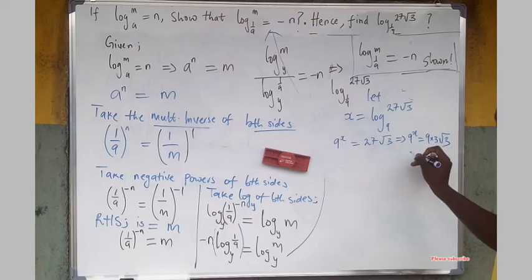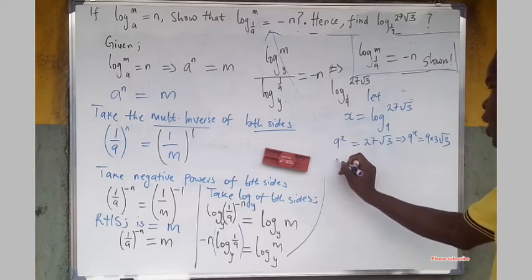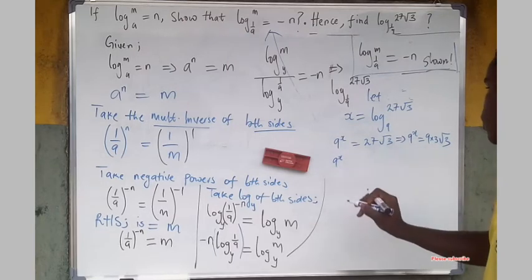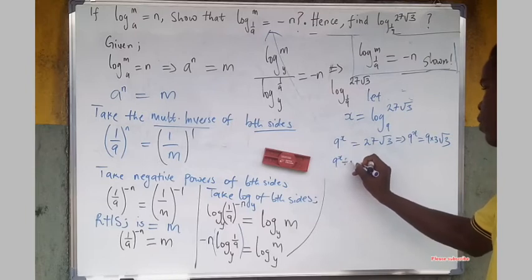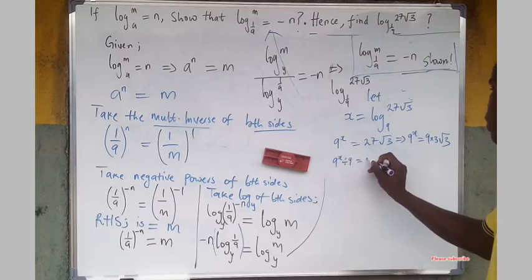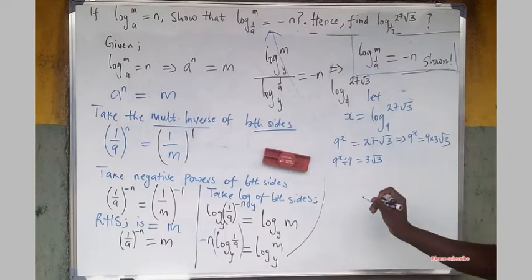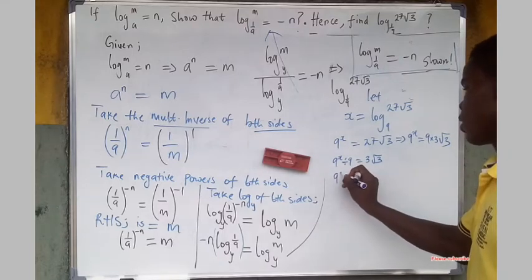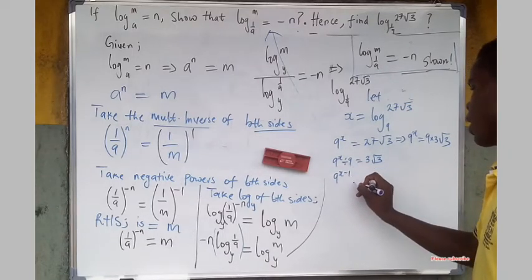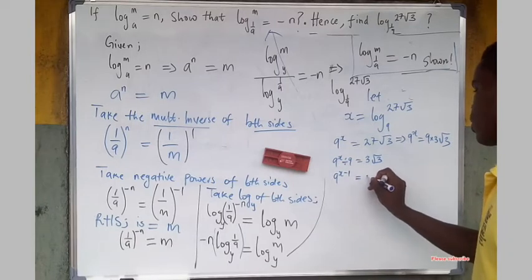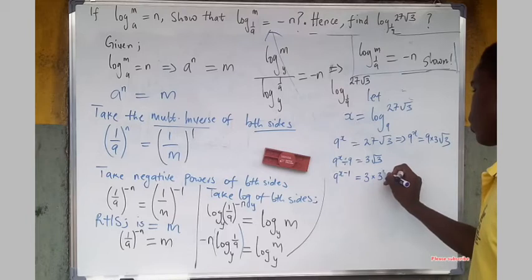So dividing both sides by 9, you will have 9 to the power x minus 1 equals 3 root 3, which means 3 times 3 to the power of 1 over 2.